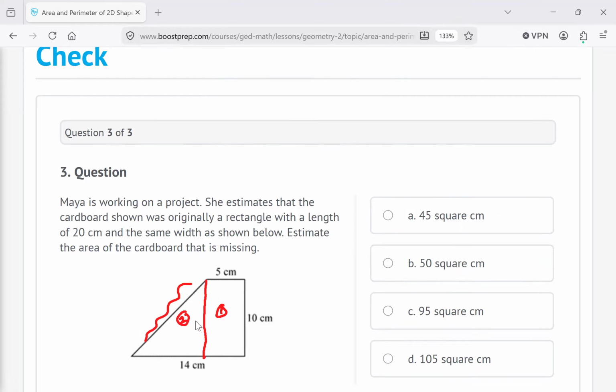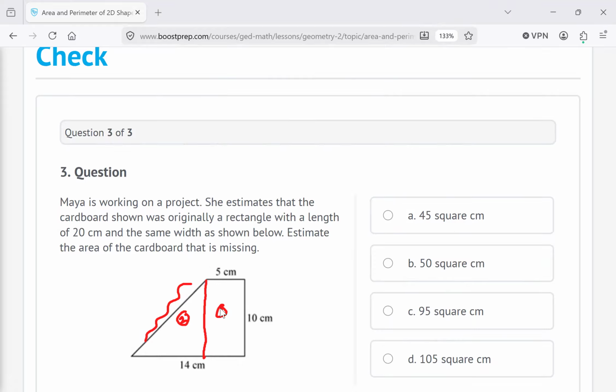So it says estimate the area of the cardboard. So we've got to find the area.